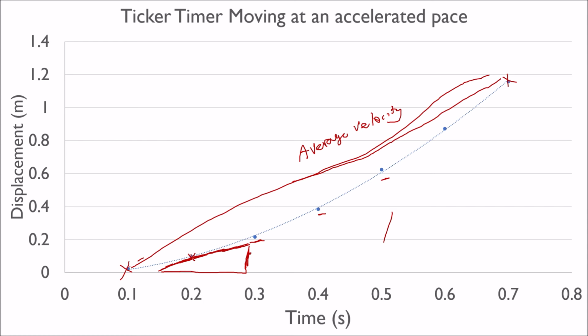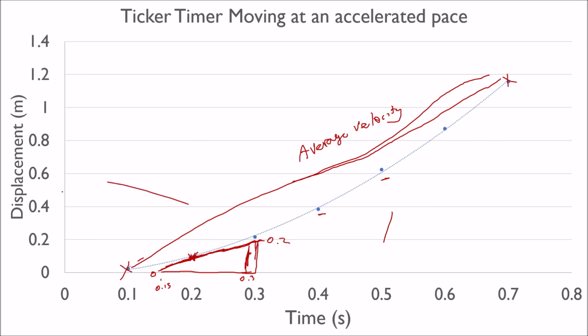So this will be the point I designate as instantaneous at 0.2 seconds. So it started at about 0.15, it's about 0.3 or a little bit less than that, but just for simplicity's sake, that's 0. And if we go there, so that's roughly 0.2.